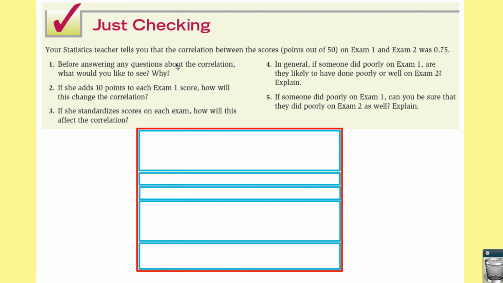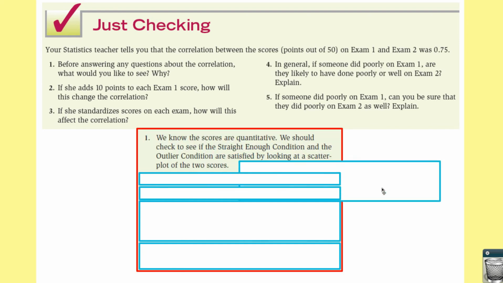Well, I hope you answered, you need to see the scatter plot, okay? Because if you don't see the scatter plot, you can't do the straight enough condition and the outlier condition. You need to check that on your own, okay? So if someone gives you R, ask for the scatter plot.